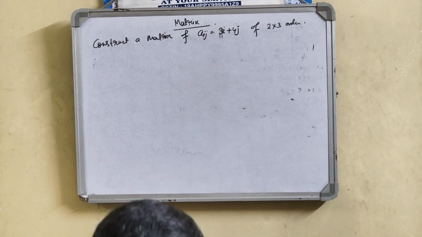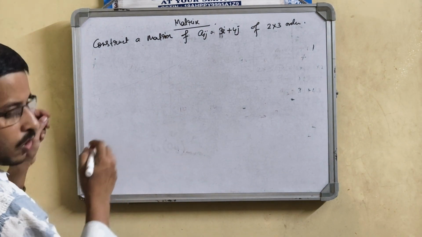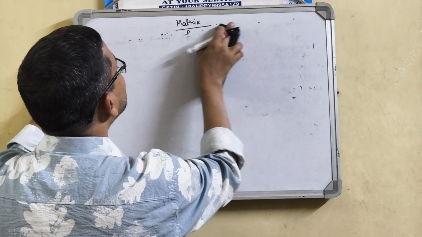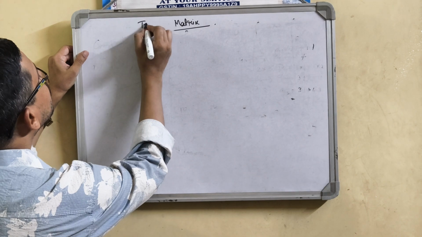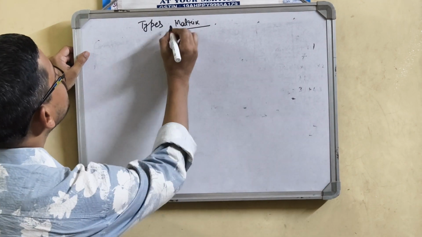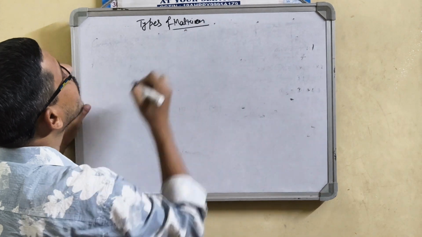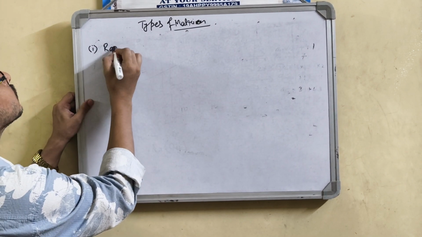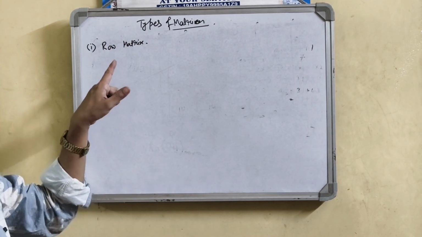Now we are going to discuss the types of matrices. The first is the row matrix.